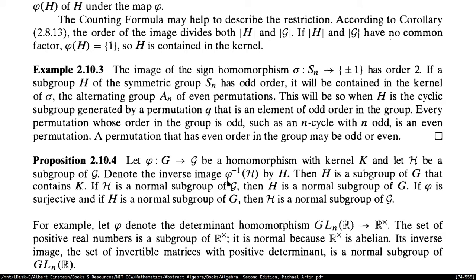Thus, a permutation that has even order in the group can be odd or even. If it's a permutation that is an element of the symmetric group, whose order, that is the cyclic subgroup that it generates, has an order that is odd, it is an even permutation, right?